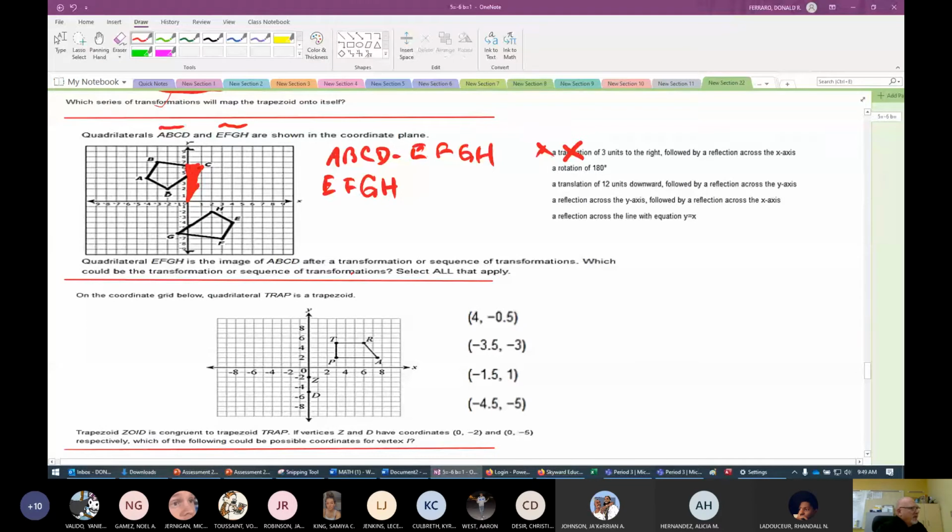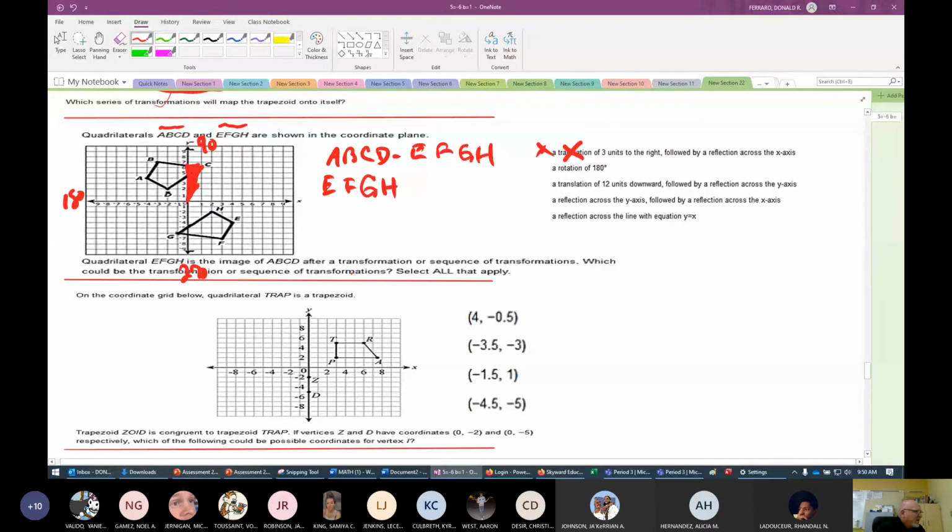Now, if we're rotating 180 degrees, if the y-axis is 90, this is 180, and this is 270, this needs to come through two different quadrants. So what happens here is this is to the left, and that is at 6, and we are 1 over.